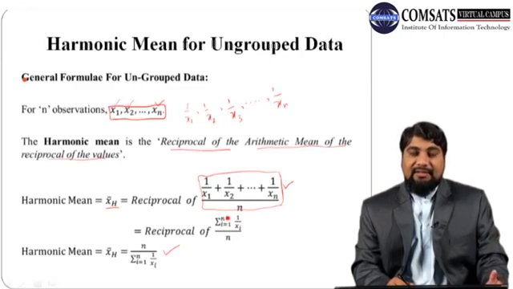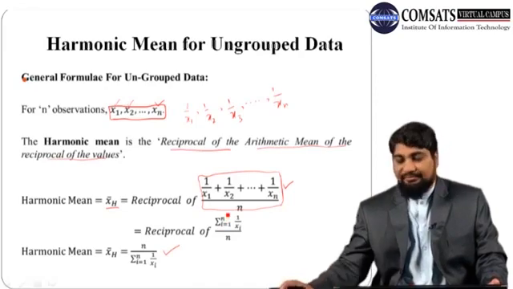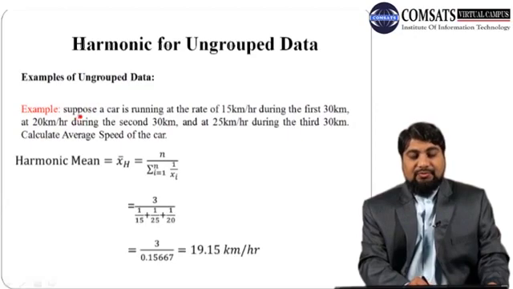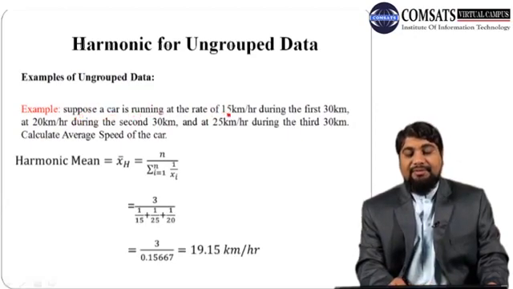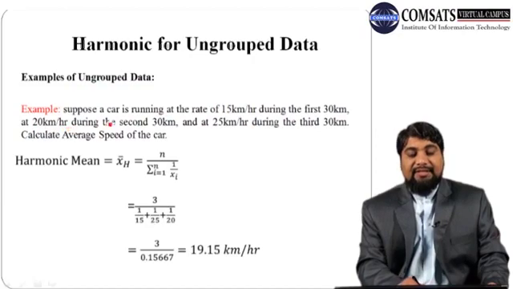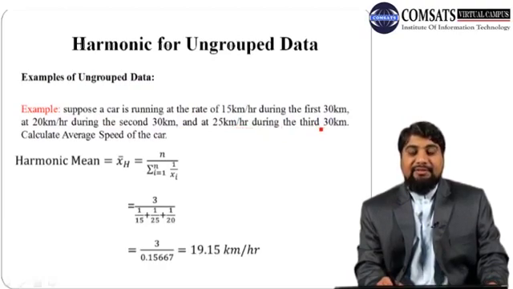So let us explain this formula with the help of one simple example, harmonic mean for ungrouped data. Suppose a car is running at the rate of 15 km per hour during the first 30 km, then at 20 km per hour during the second 30 km, and then at 25 km per hour during the third 30 km.